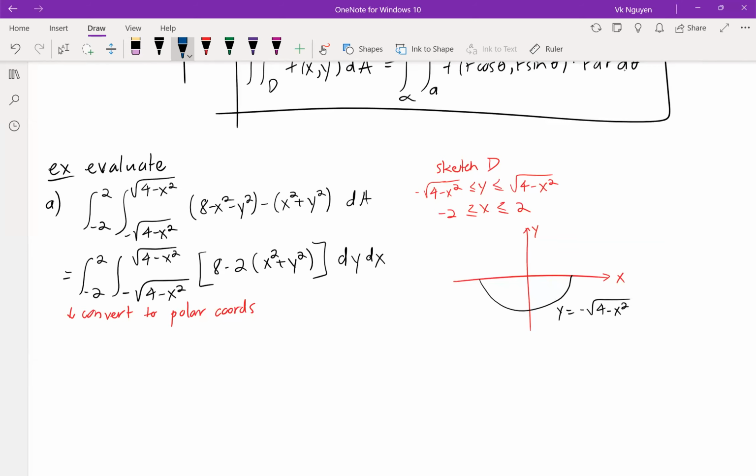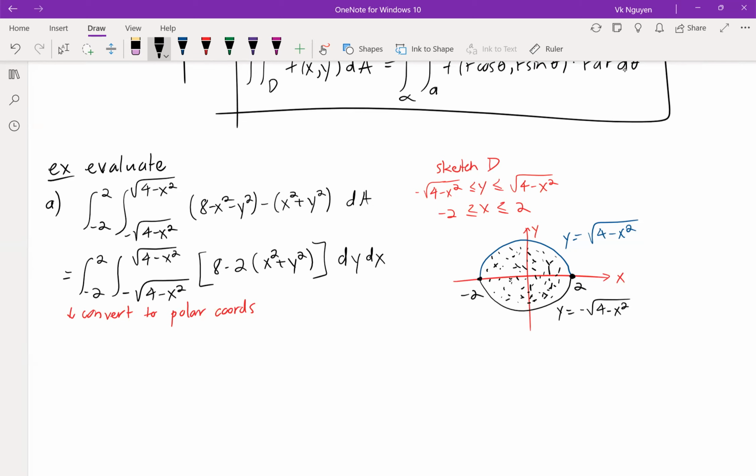The circle is going to look ugly, but it gives you some visual of what is going on. With x between negative 2 and 2, the circle like this is the region D.